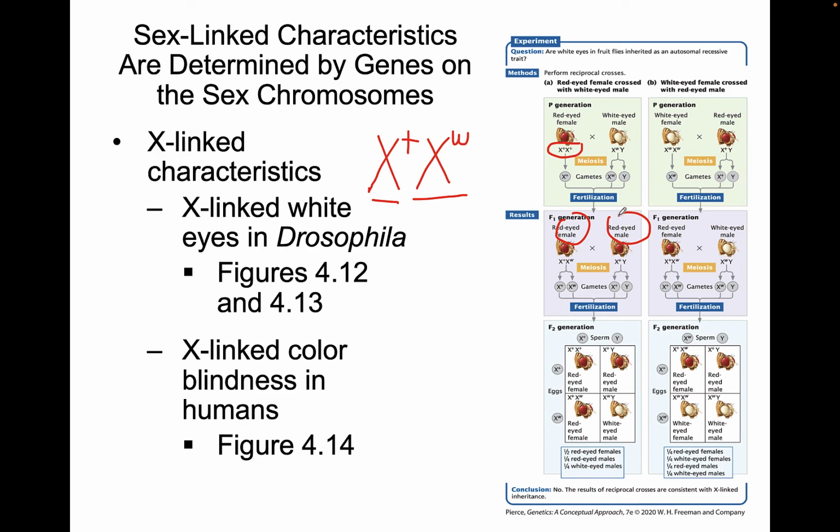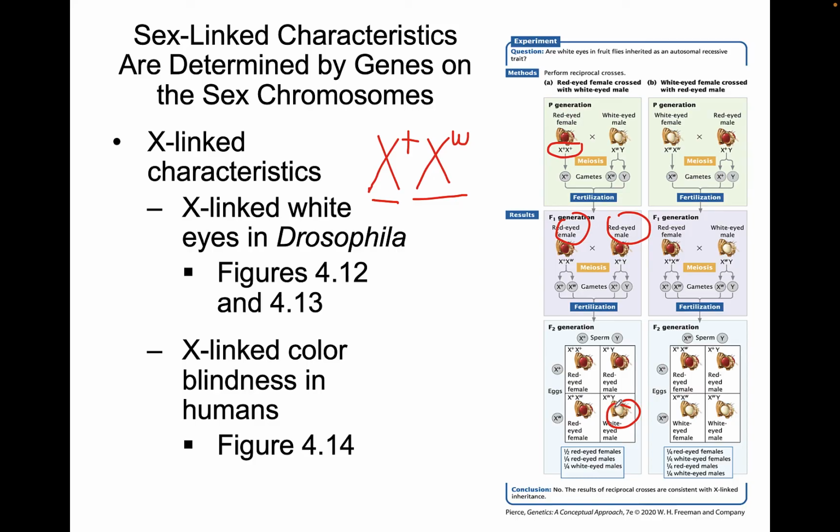So he then continued this cross by taking the F1 progeny and crossing them. And this is where the white-eyed males showed up in the F2 generation. And this is what Mendel also saw. But what was interesting is that his results suggested that white eyes are a simple recessive trait, right?